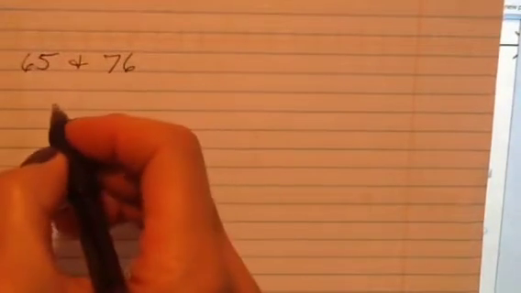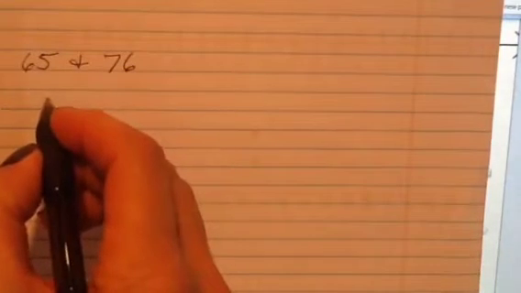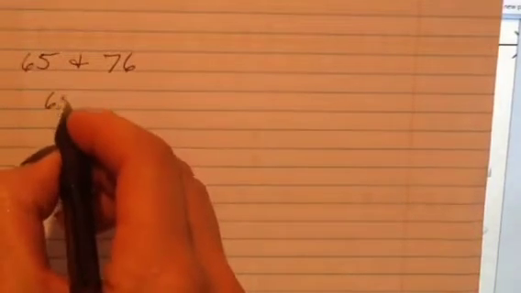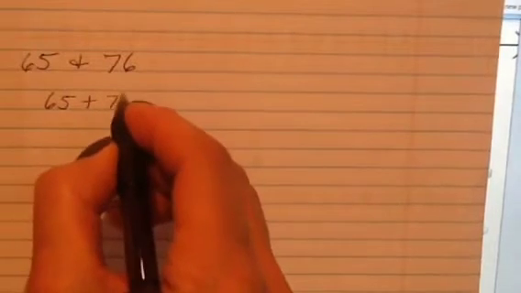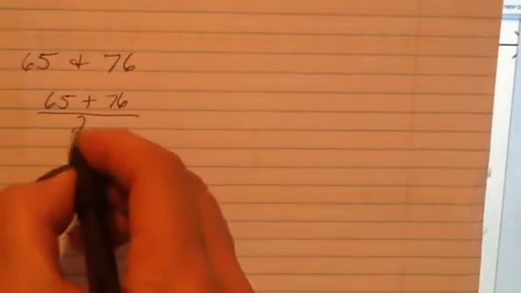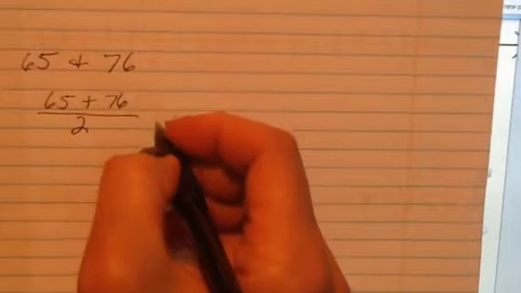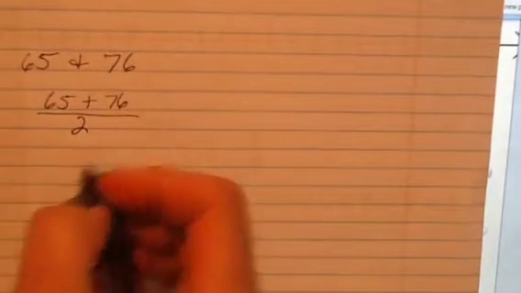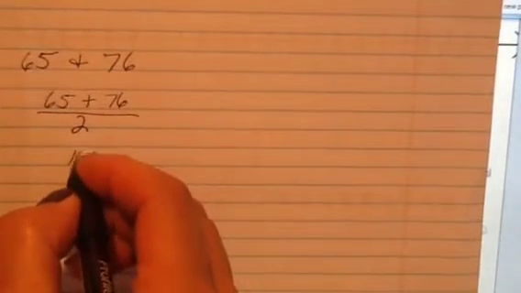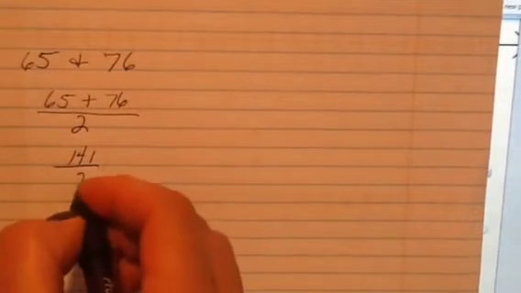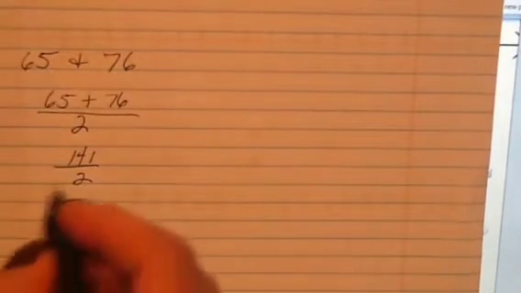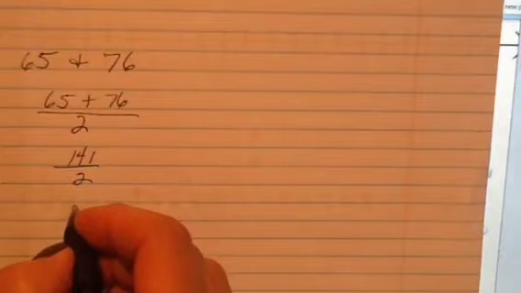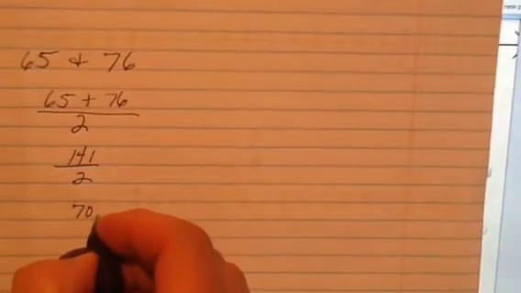Well, to find the average of the two quiz grades, the middle, the mean of the two quiz grades, we add 65 plus 76 and divide by 2 because there's 2 quizzes. So 141 divided by 2. And so my average quiz grade is 70.5.